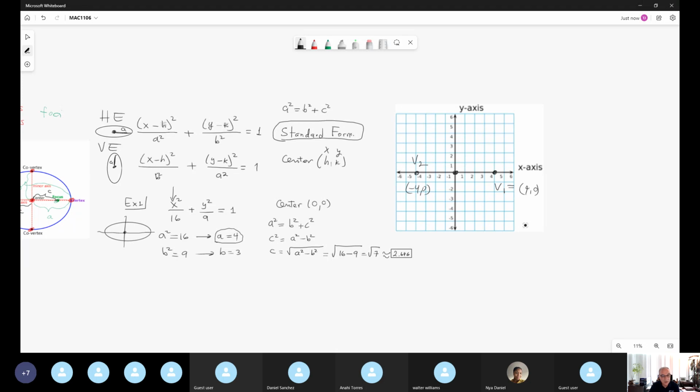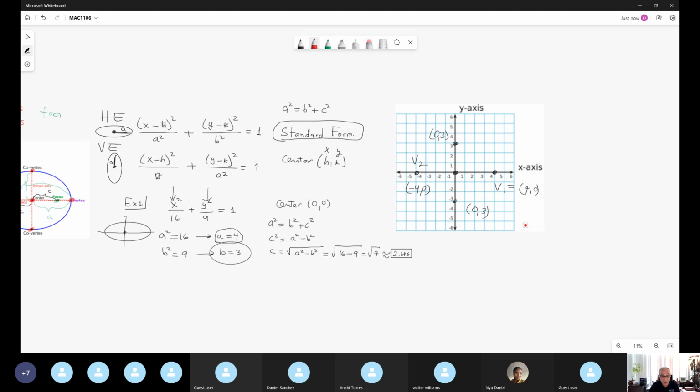Okay, cool. Now the minor axis, 3, is associated with the y. Now it is 1, 2, 3. This is the co-vertex, or endpoint of the minor axis, which is the point 0, 3. And here is 0, -3. Now I am ready to do the graph of the ellipse. However, I want to do the foci.